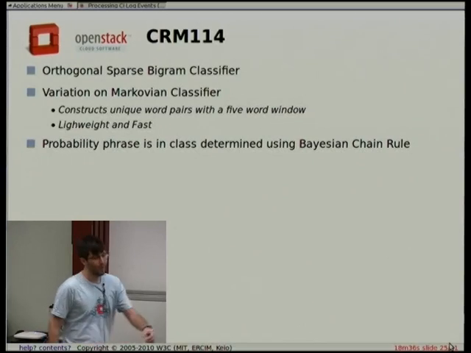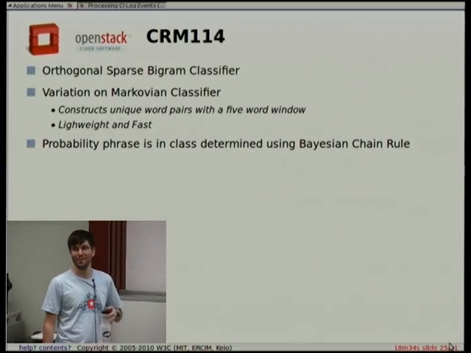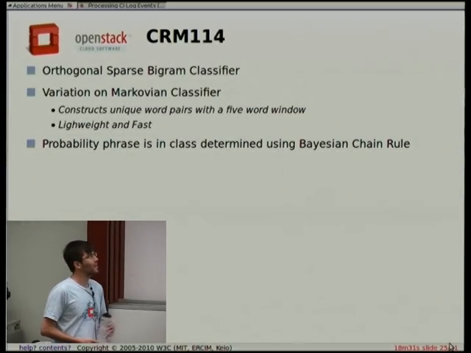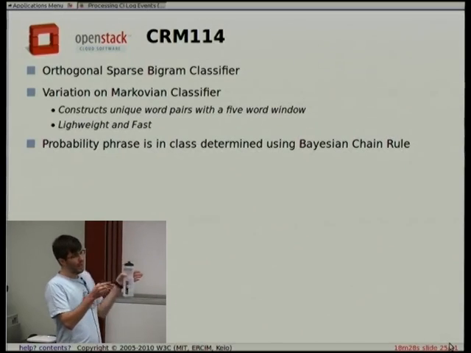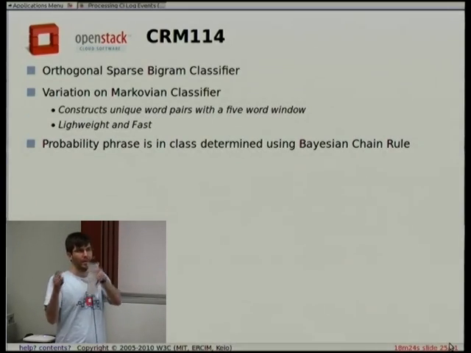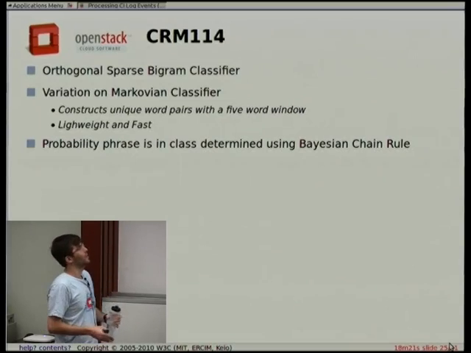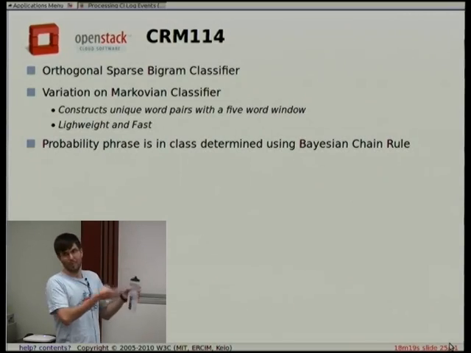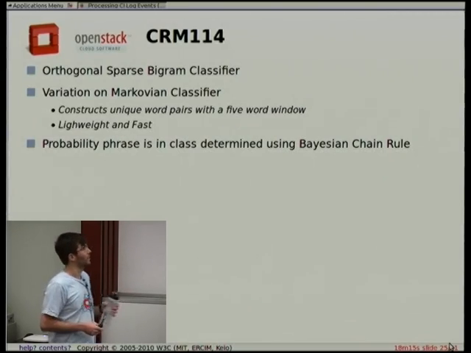The way that works is it's using an orthogonal sparse bigram classifier, which is a mouthful. It's a variation on a Markovian classifier where it takes a 5-word window and constructs unique word pairs, and then creates a statistics file saying this is how often these word pairs happen, which allows you then to go back and look at the probability that that word pair maps to success or failure.